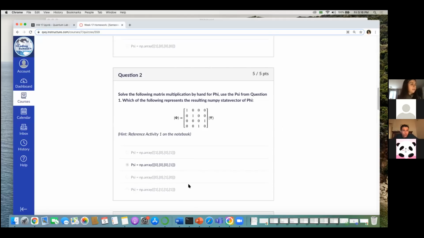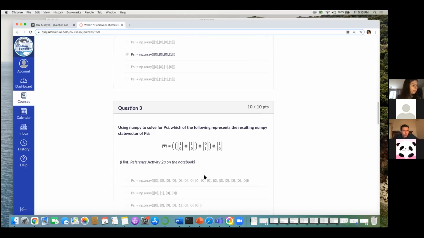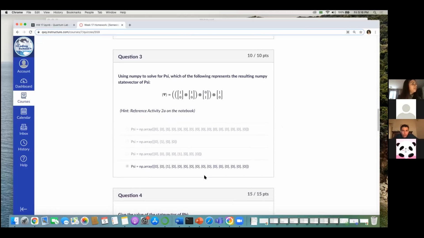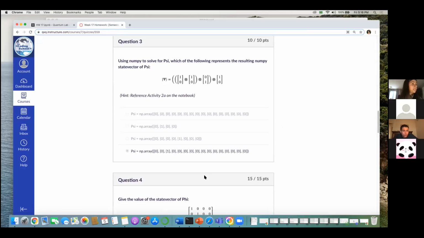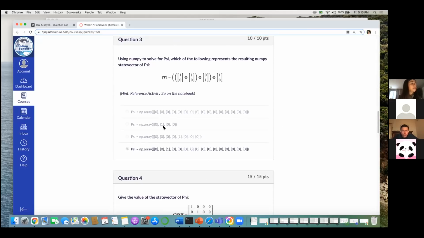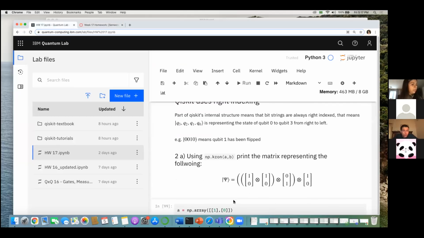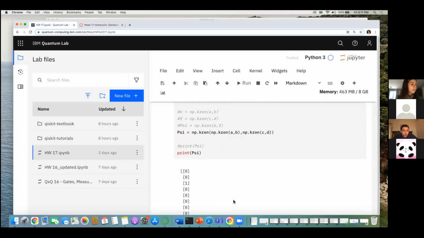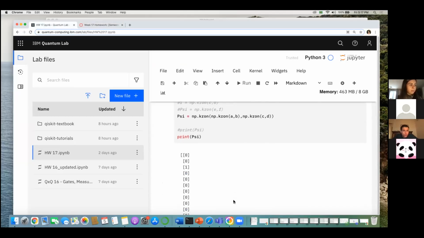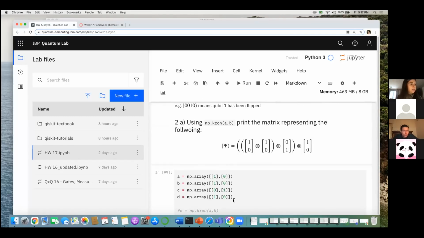So far so good. And now using NumPy to solve psi, we need to write which vector we found. And then we go here, just do the operation, and we can see the answer here as well. So it's the same thing.